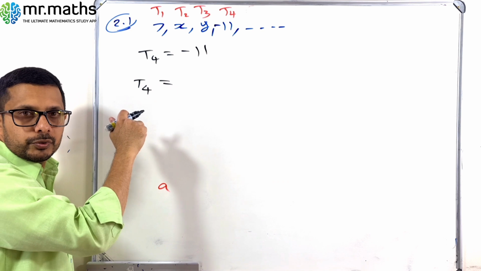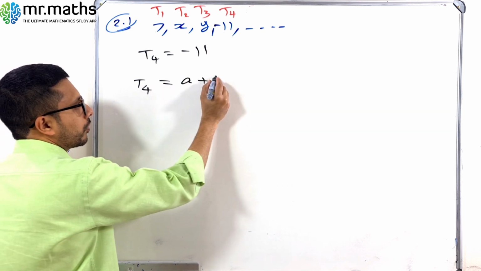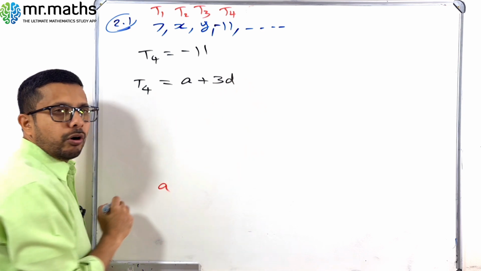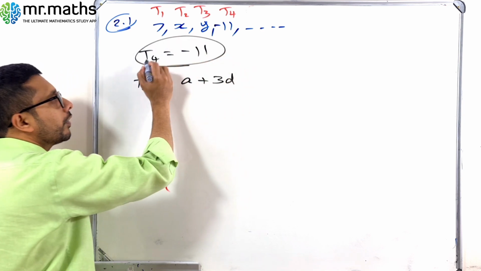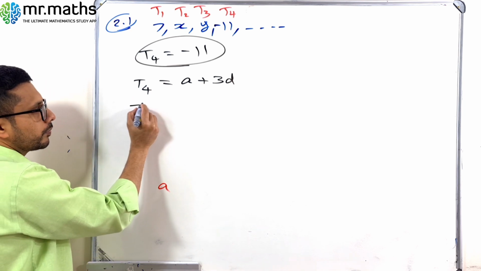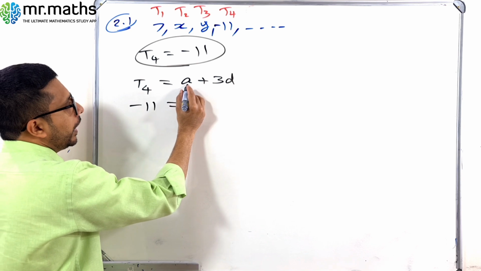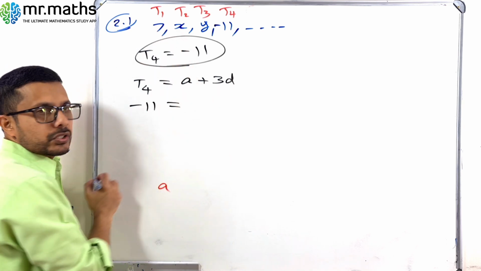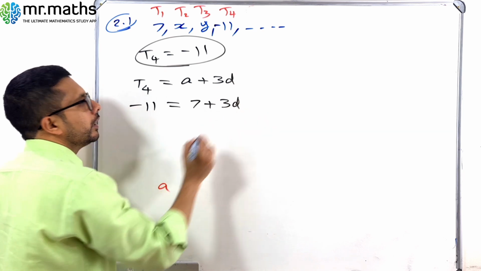Like what I told you before, first term plus 1 less than this 4, that is 3 times the common difference. We already know the fourth term is minus 11, so instead of T4, I can substitute minus 11. A stands for the first term, which is 7. So it is 7 plus 3d.